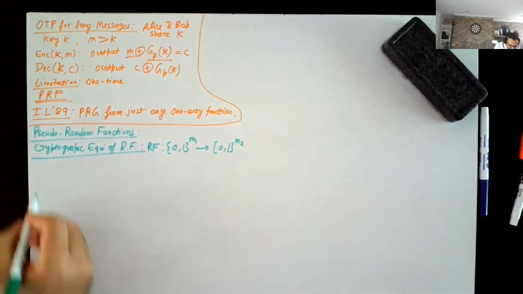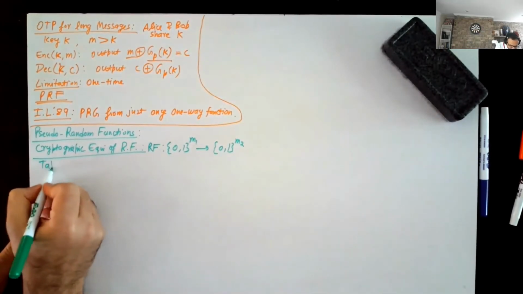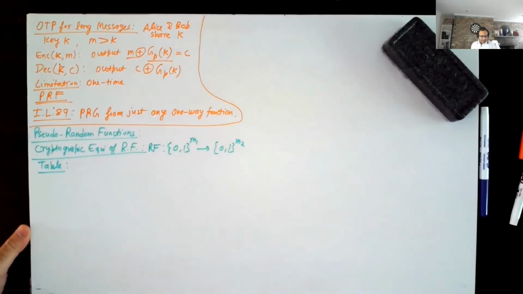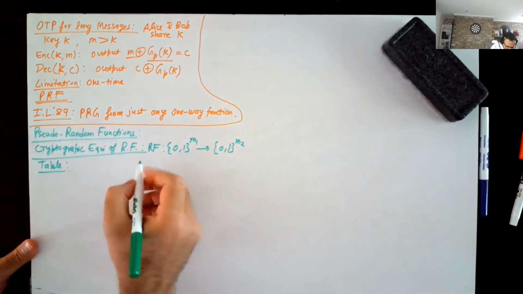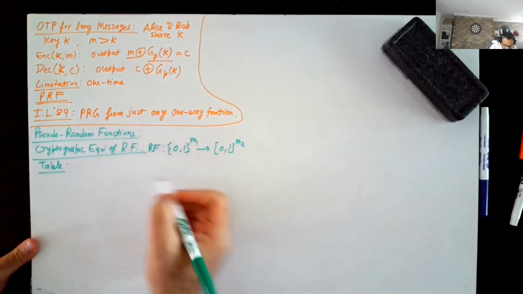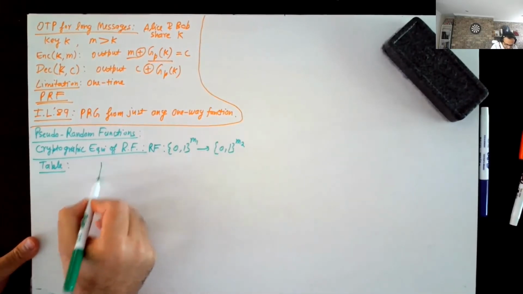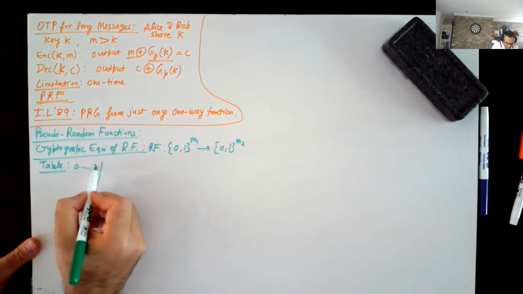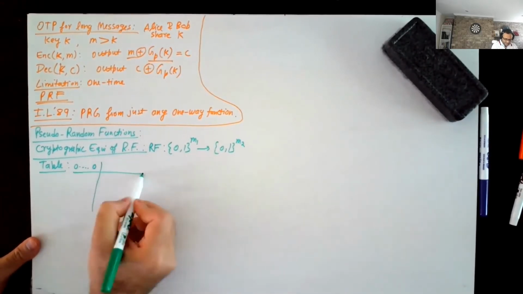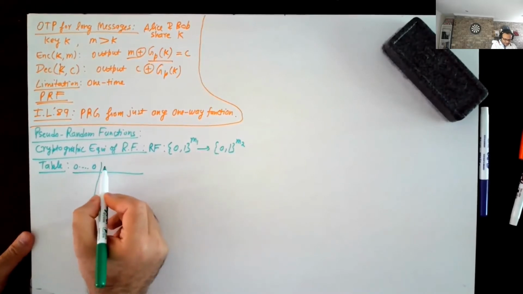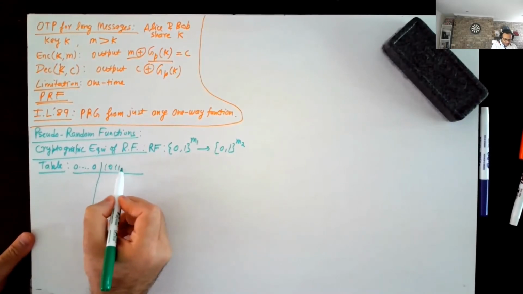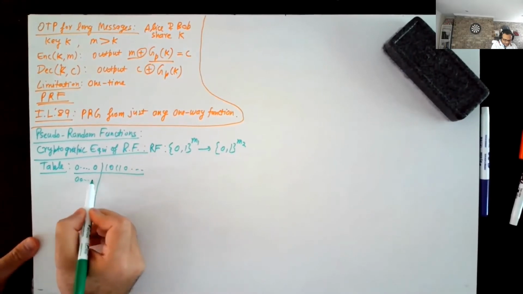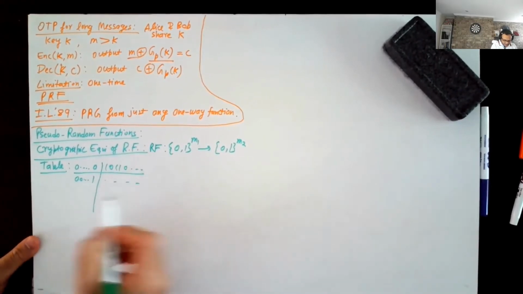So a random function can be visualized as a table. How many entries does the table have? The table has many entries, all the 0-1 strings of length M1, and so on.